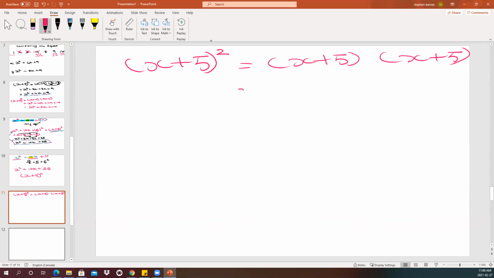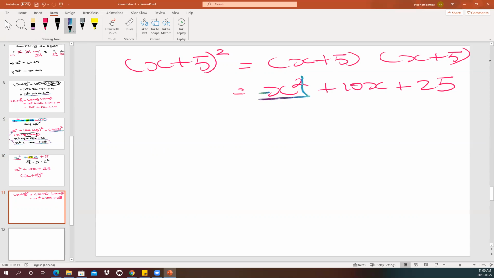And if we work this out, we will get x squared plus 10x plus 25. I'm going all the way, just to refresh your memory, to tell you that when you expand this bracket, when you multiply it out to get the expanded version of this squared, you're supposed to have it in the form of a quadratic trinomial.